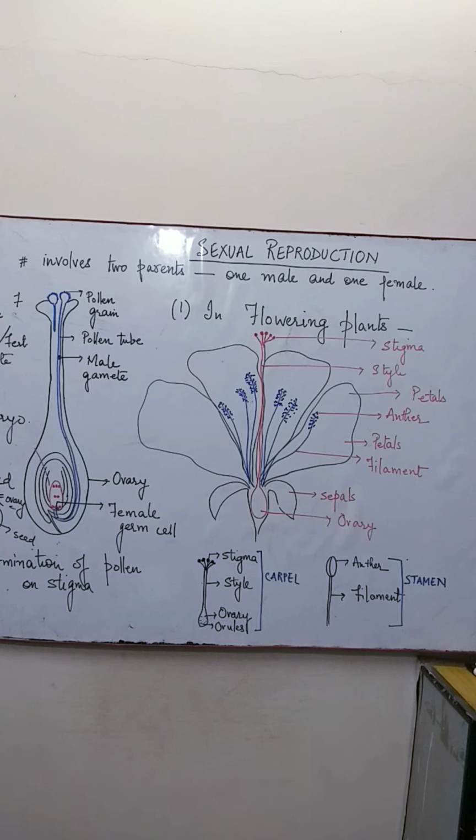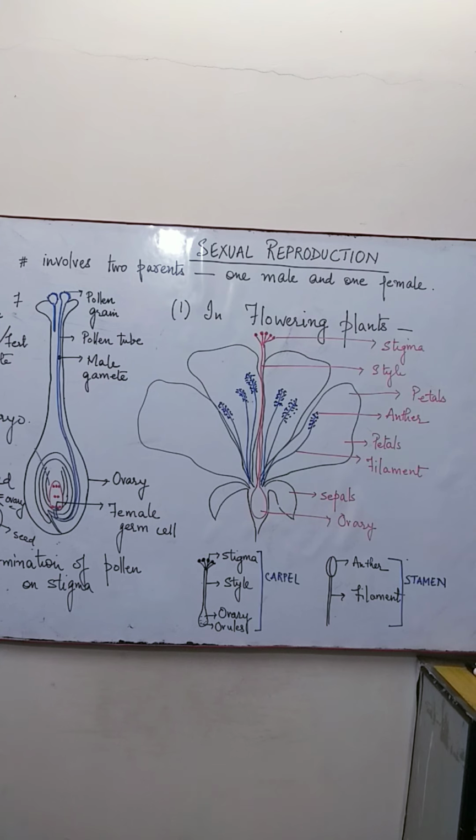And the seed has a sufficient amount of food so that it can withstand the different hard conditions. So this entire process in sexual reproduction of the flower ends in the formation of the seed.